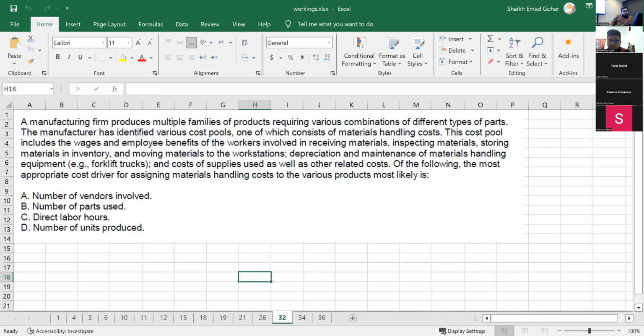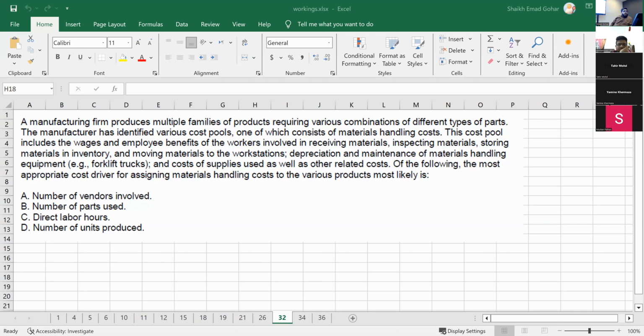Okay, do this one, please. My friends, you need to learn one exam technique here. Exam technique: first read the requirement. What is the requirement? They say, of the following, the most appropriate cost driver for assigning material handling cost to the product will be what?